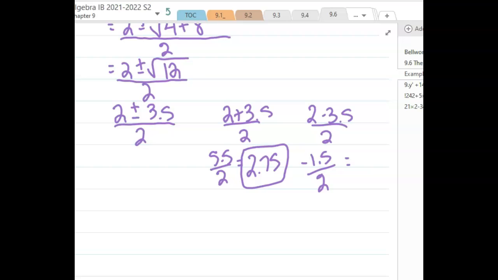When I divide that by 2, I get negative 0.75. Same idea as yesterday, but you're not going to always have perfect squares. Okay, let's do one more.